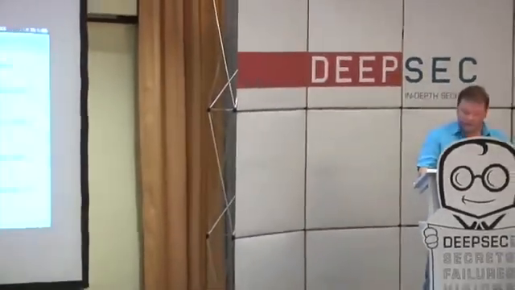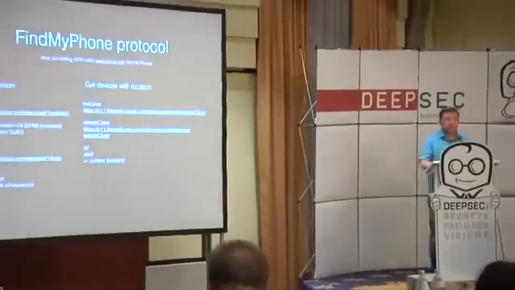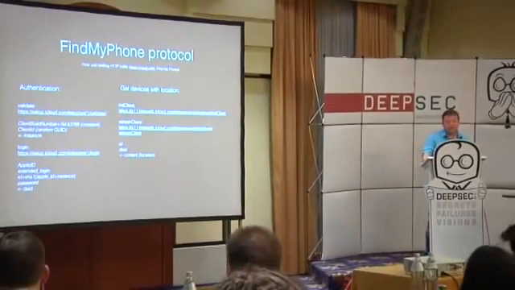Next, about the Find My Phone service, briefly because I don't have much time. You probably used it by entering your Apple ID and password. You get a list of all your devices and their locations. The protocol to access Apple to get the locations is somewhat similar to the one used for backups.